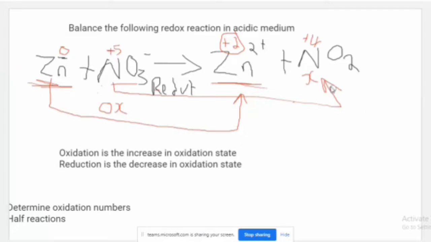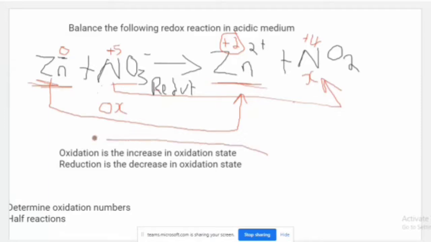Then this side, the oxidation number is +4. So from 5 to 4, there's a reduction there. So that means that nitrogen is undergoing reduction, and zinc is undergoing oxidation.